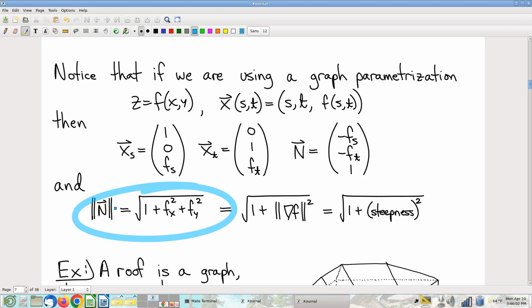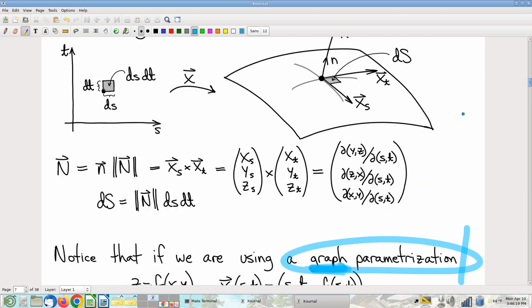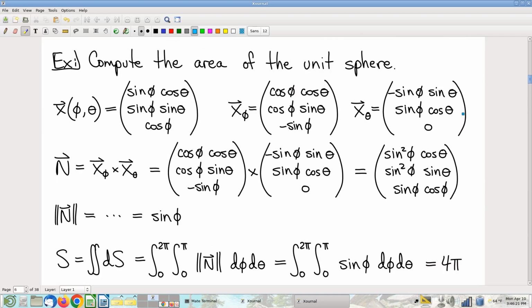What's very, very important, and what a lot of students underappreciate, is that this only works if you are using a graph parameterization. If you're parameterizing some other way, for example, up here, this example, this parameterization is not a graph parameterization. It's a spherical parameterization, but z is not a function of x and y.